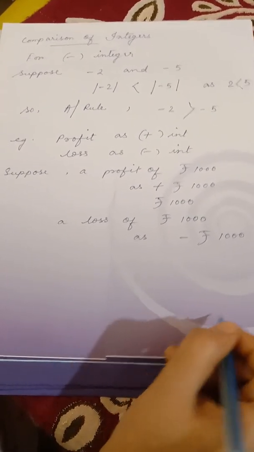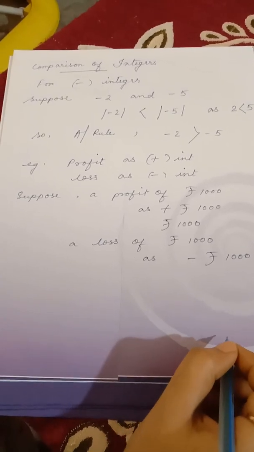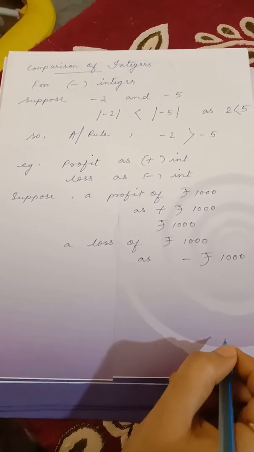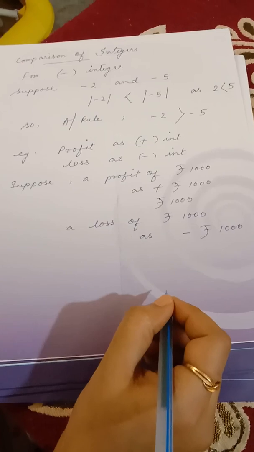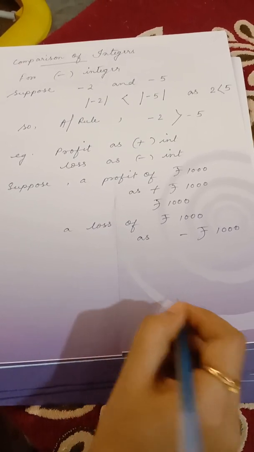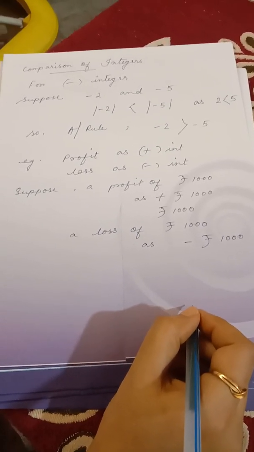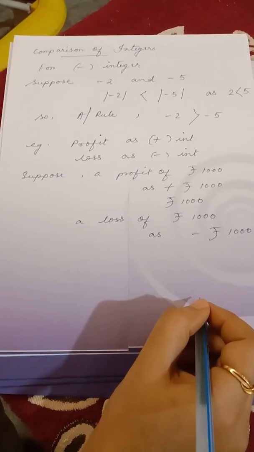So by that we are completing the introduction part. We can start the exercise 3.1. So in the exercise, first you can see that write the opposite of the following.